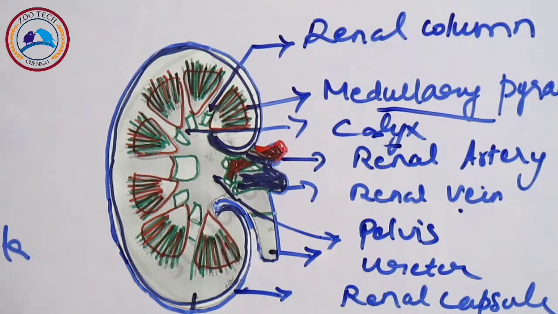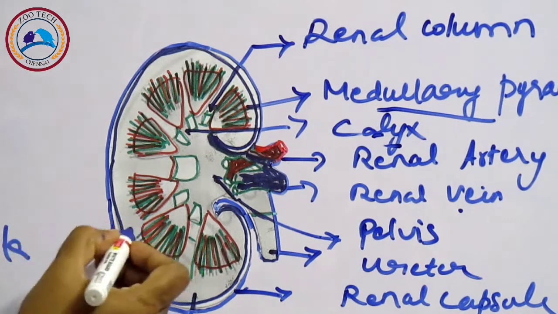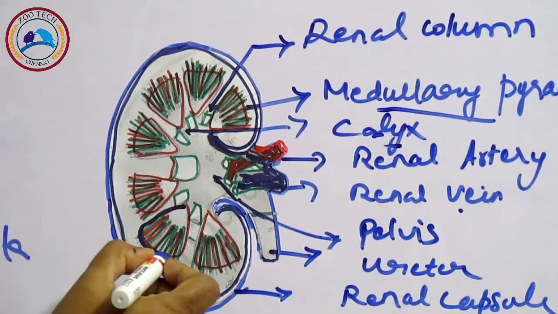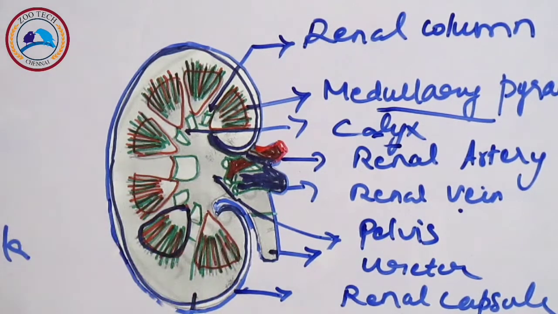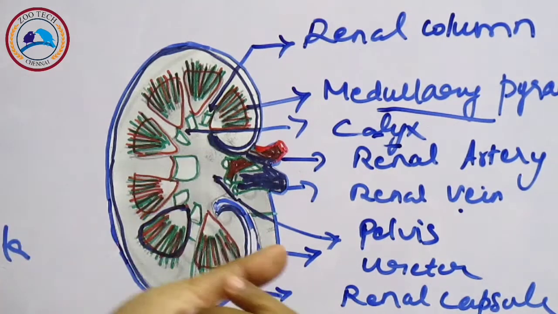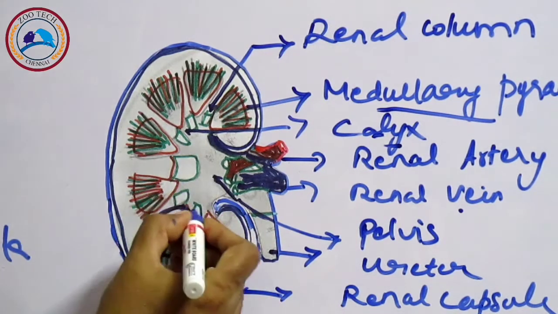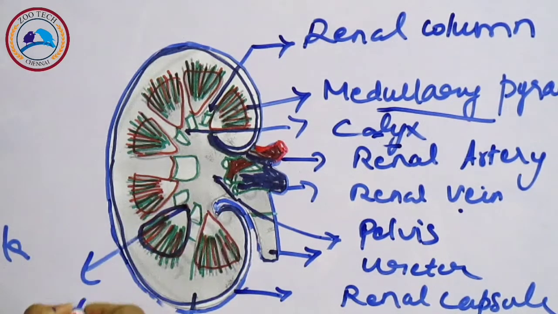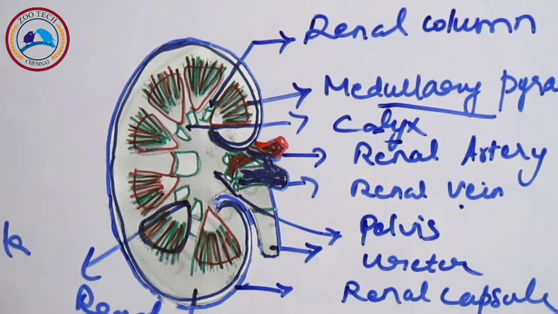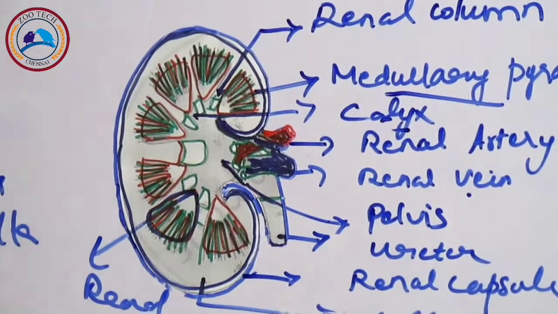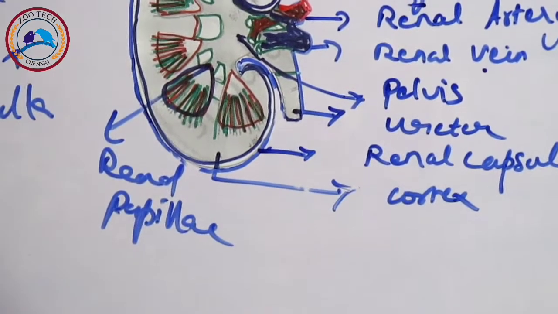The tip of the pyramids is called the renal papillae.